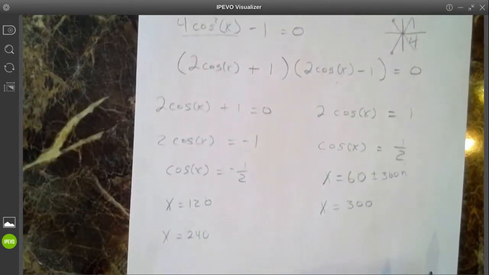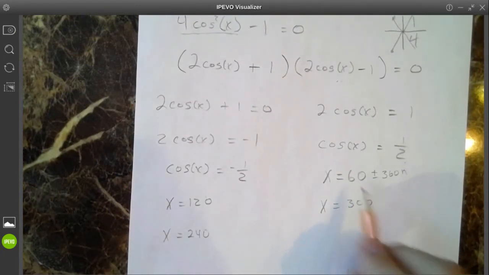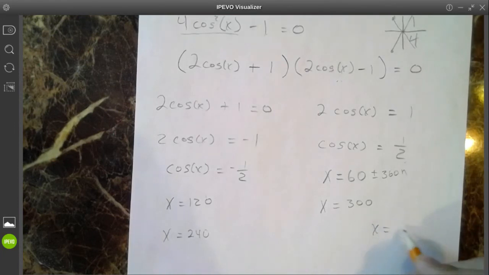Okay? And then if you wanted it in radians, you could do that as well. 60 degrees would be the same as pi over 3. 300 degrees, boy, I scratch my head here. That's equal to 5 pi over 3.